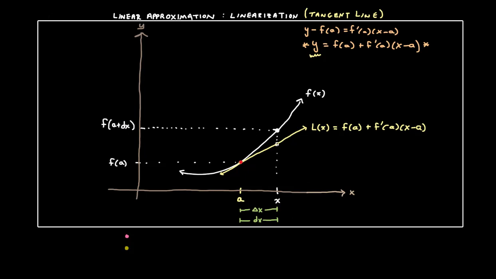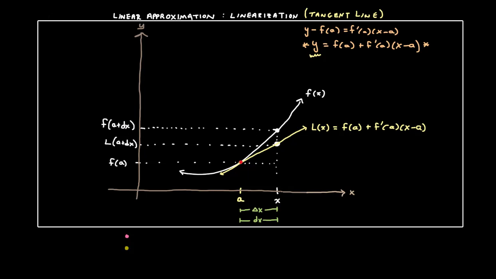If I come to this point here now, and I draw the horizontal, here we have L of a plus dx marked off. In this lesson of linearization, there are really two main things we are looking at. First thing, we can approximate the value of the function by using the tangent line. What does that mean?